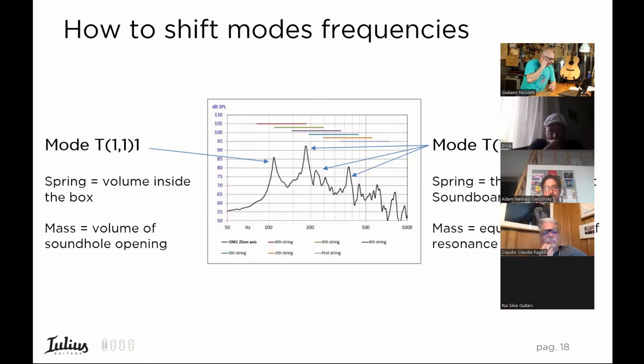So how can you shift the frequency? For the first mode, you can consider that the spring is the volume of the air inside the box, and the mass is the volume of the sound hole opening. So either you change the volume inside the box, but it is not possible once you build the guitar, or you change the volume of the sound opening, so it means the dimensions.